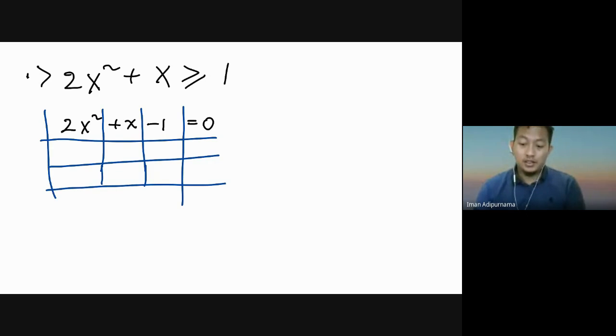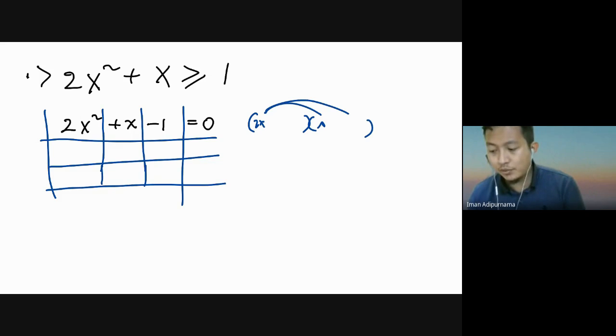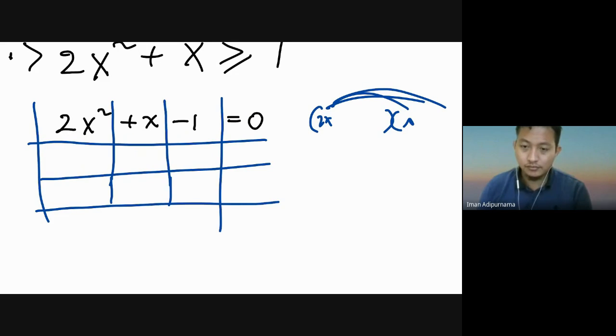By the way, this is quite helpful if you are in a stressful environment, where your mind cannot be relaxed, like maybe an exam. Because if you try to make the factorization, sometimes you miscalculate, and when you make a table like this one, you can minimize your mistakes. It doesn't guarantee success, but at least it can help you relax your mind and minimize any mistake.